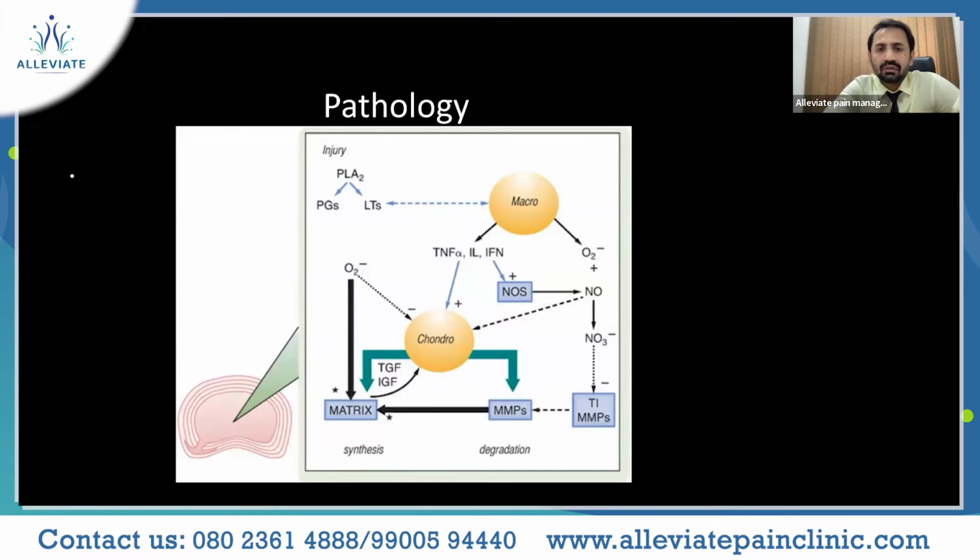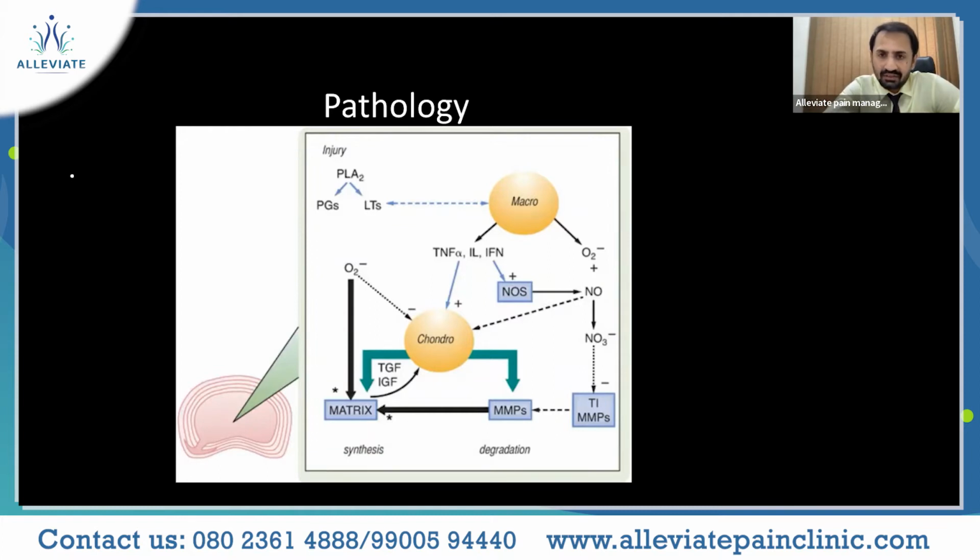When there is an injury, your phospholipase A is activated. That acts on your arachidonic acid, and prostaglandins and leukotrienes are secreted, which again activate your macrophages. Macrophages again have TNF alpha. Why we are explaining all this is that each of your therapies will actually be targeting one of these.